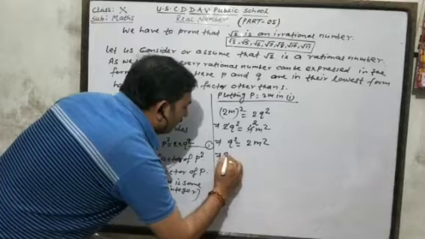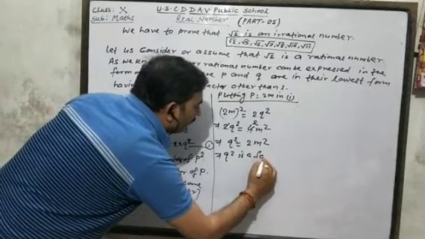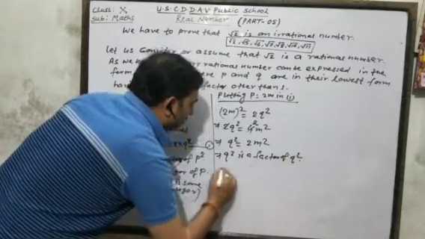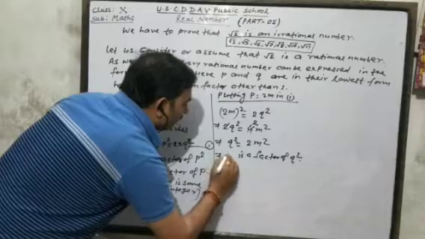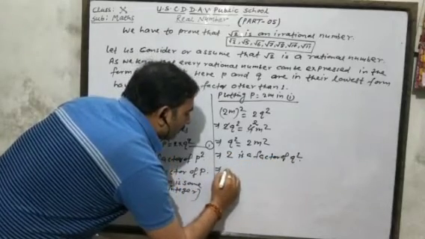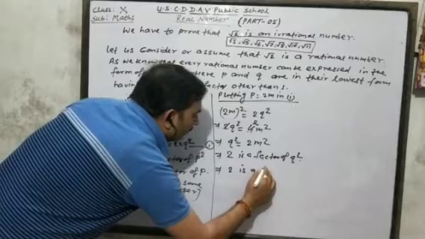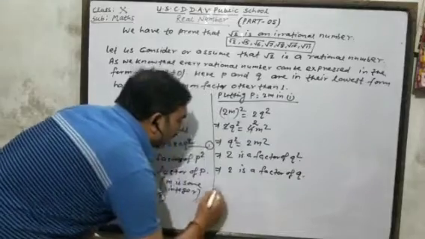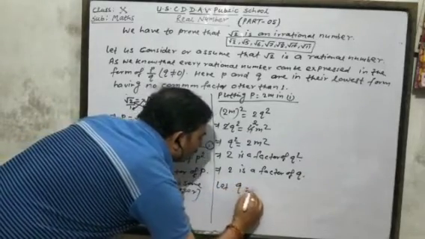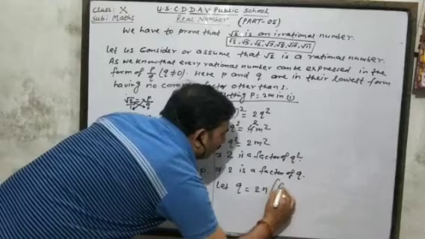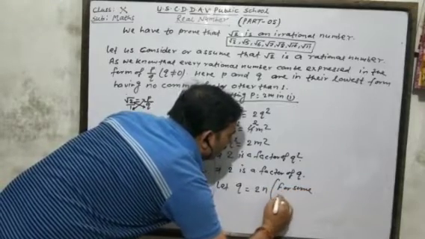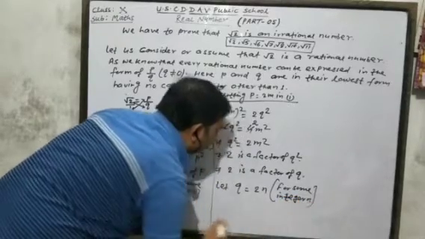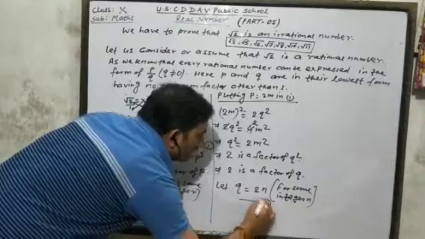This implies that 2 is a factor of q square. This implies that 2 is a factor of q also, and then let q be equal to 2n for some integer n, and this is equation third.